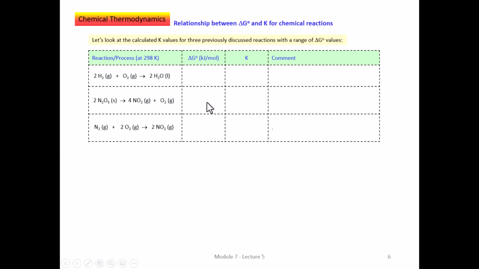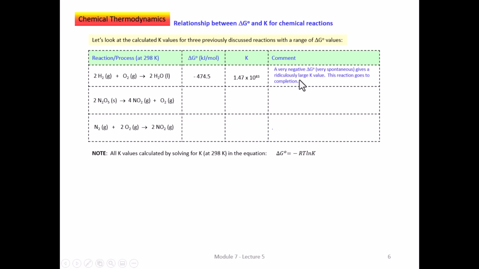The standard delta G for the hydrogen-oxygen reaction is minus 474. It's very large and negative. If you calculate the K using this equation at 298, you get a ridiculously large K value.